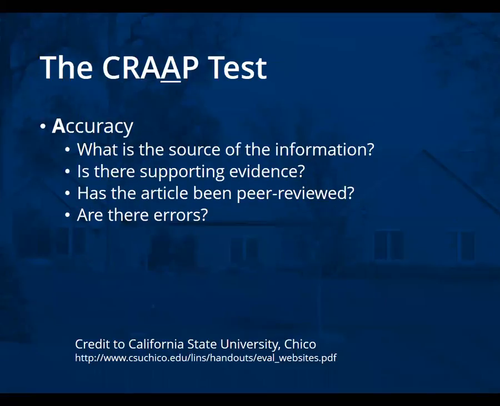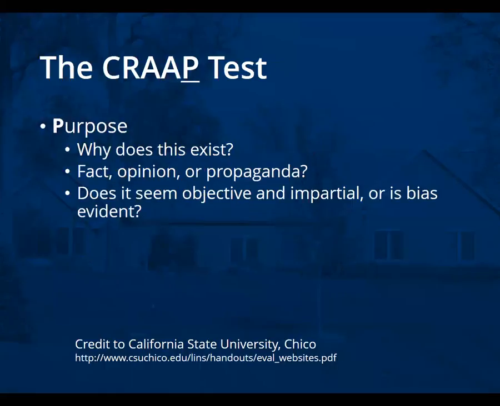Accuracy. Where is the author getting their information? Who are they citing? What supporting evidence are they providing in their argument? If it's an article, has it been peer reviewed? Are there errors that you can recognize? And lastly, purpose. And this can be a really key question, particularly when looking at web resources, asking why does this thing even exist?